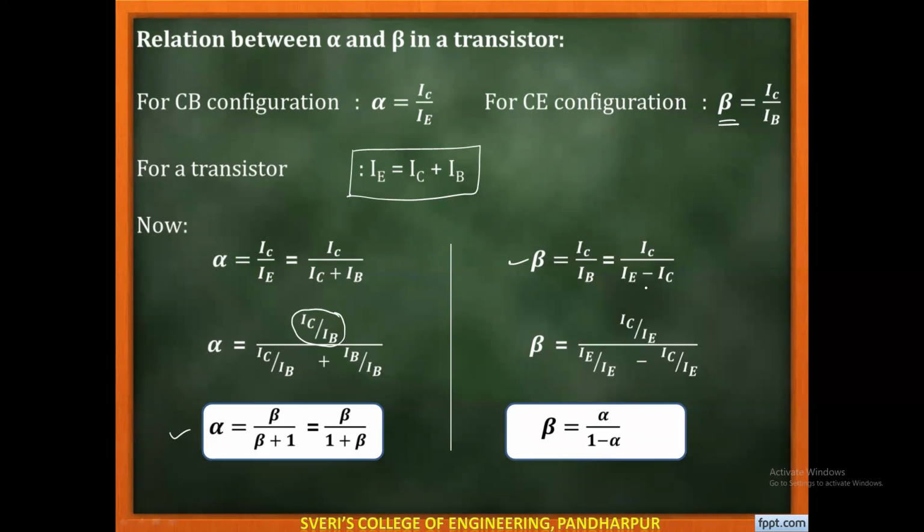Right. Then we have to divide numerator and denominator by IE. So this ratio is IC upon IE, and again IC upon IE is nothing but alpha, and here we got the relation beta is equal to alpha upon 1 minus alpha. Get it, my point?